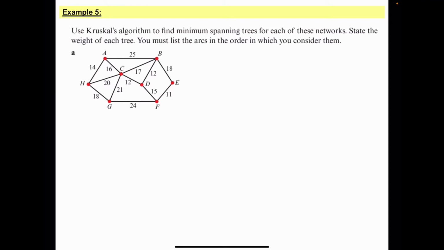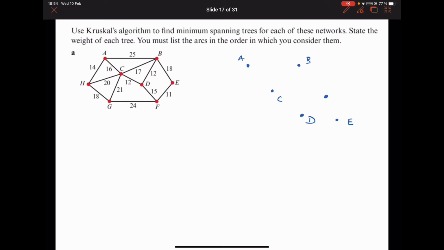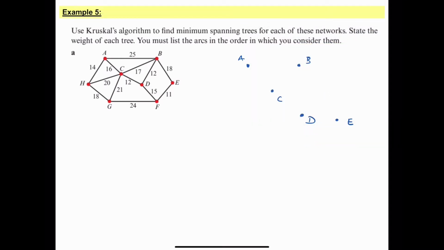The first thing we need to do is to order the arcs, and I'm going to redraw A, B, C, then I have D and E. I'm going to delete this one. Then I have F here, then I have G, and then I have H.